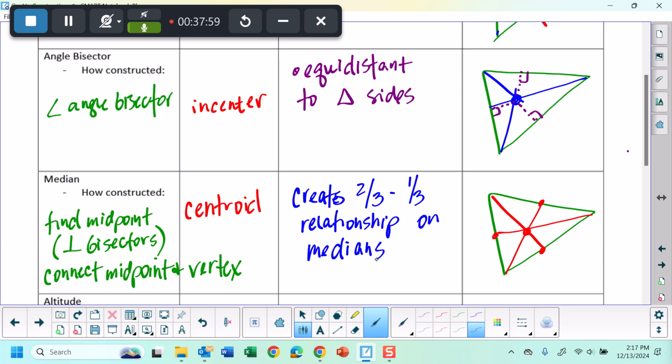Meaning, if the length of this segment is 4, the length of this segment is 2. So 1/3 of the segment and 2/3 of the segment lengths. So if I had segment AC, and the distance of AC is equal to 6, 2/3 of that length is on one side, and 1/3 is on the other.